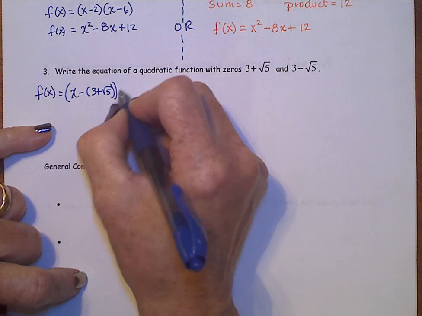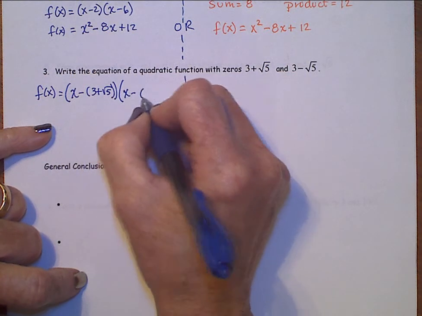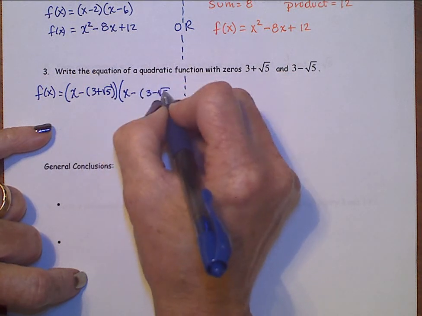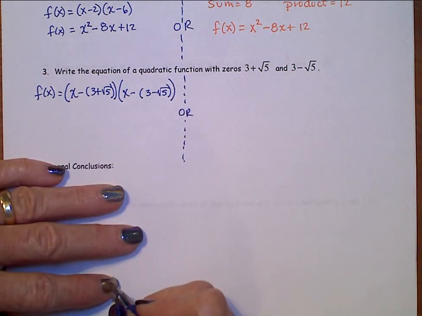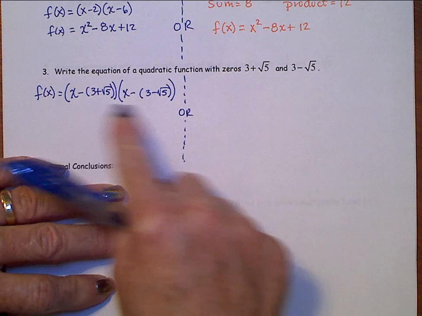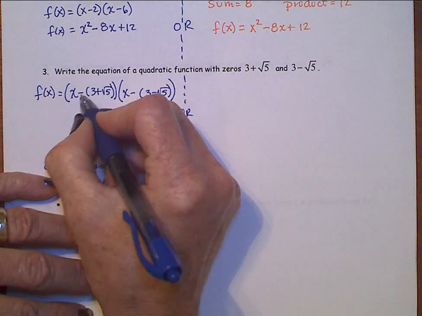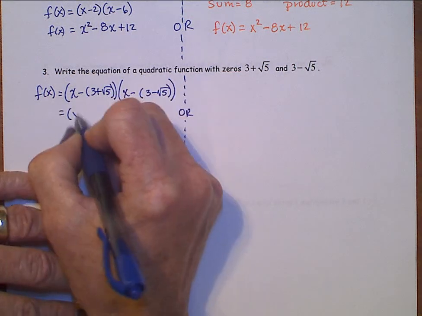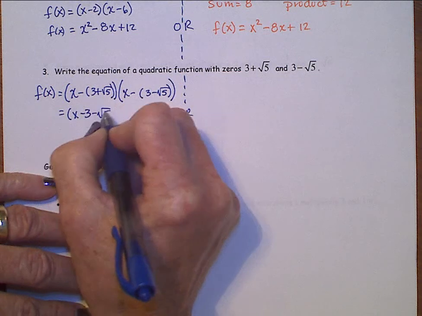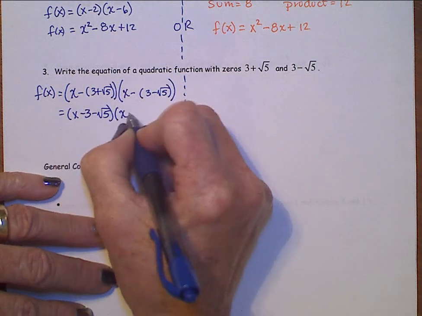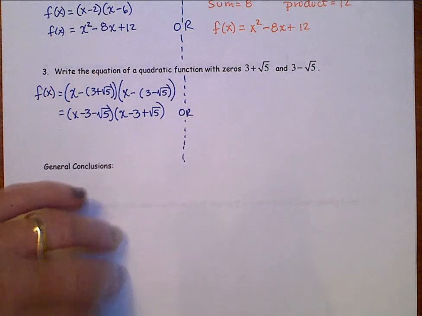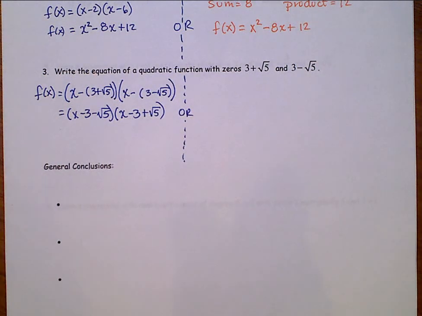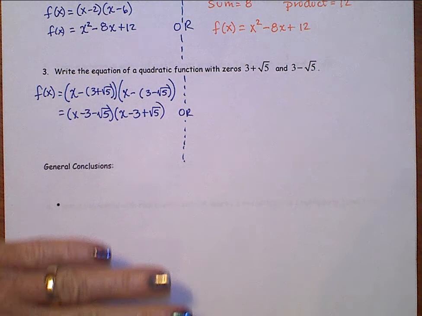And then the second factor would be x minus a 3 minus square root 5. Thinking about multiplying that out, we have to distribute this minus through, so this would be x minus 3 minus square root 5 times an x minus 3 plus square root 5, and then multiply those 2 together. Yikes.